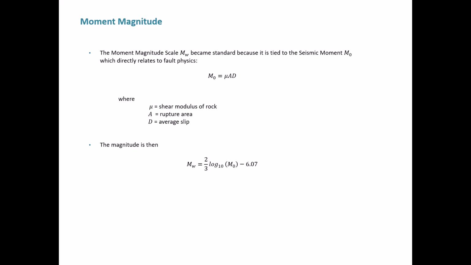That's the equation for the seismic moment. Then for the moment magnitude, we take M sub 0, take the log base 10, multiply by 2 over 3, and subtract 6.07. Now we have our M sub w, the moment magnitude scale.